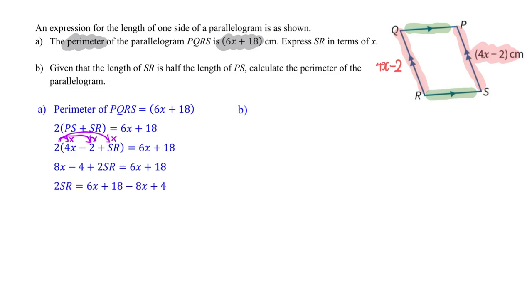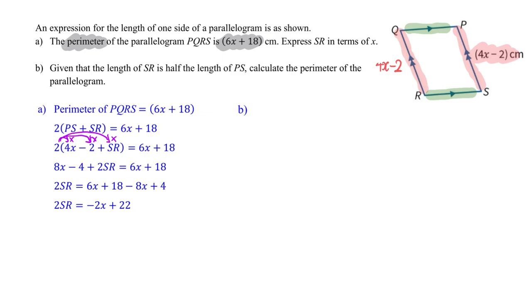by shifting and ensuring all the other terms are on one side, and one side only has my SR. Then continue to simplify, and you will eventually get to this stage where I have 2SR equals negative 2x plus 22.